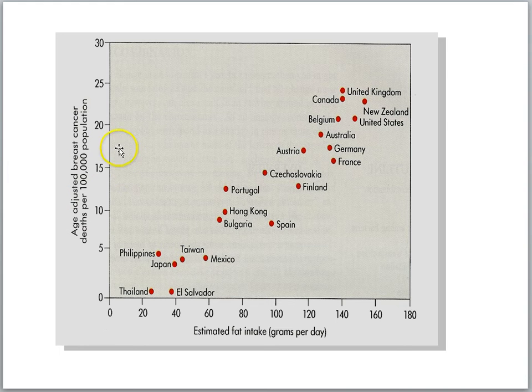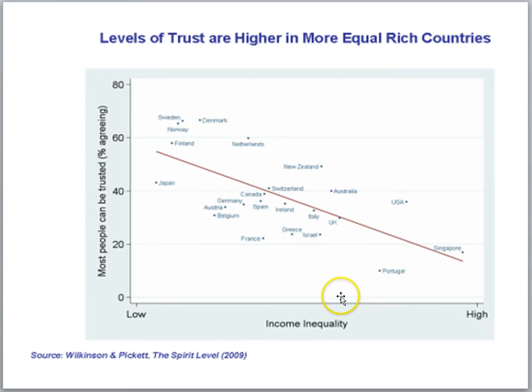But it also could be cancer somehow is causing people to eat high-fat diets, or it could be a third factor is causing both. And likewise for this correlation, although it's a negative correlation, the three modes of explanation still apply. It could be somehow income inequality is causing levels of trust to change. It could be levels of trust are causing income inequalities to change, or it could be some third factor that is causing both.